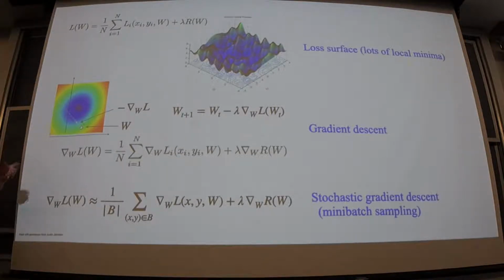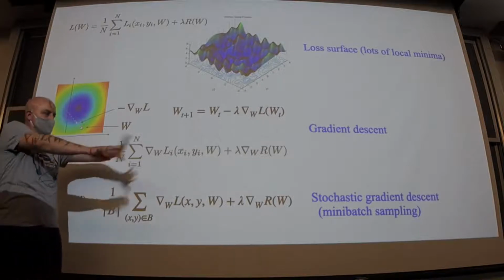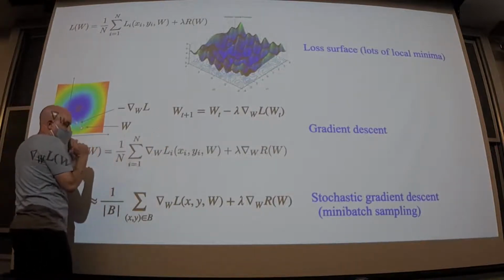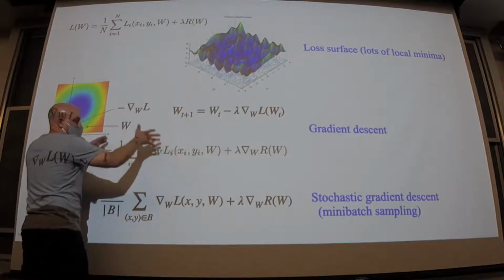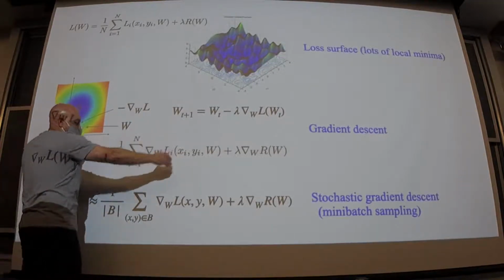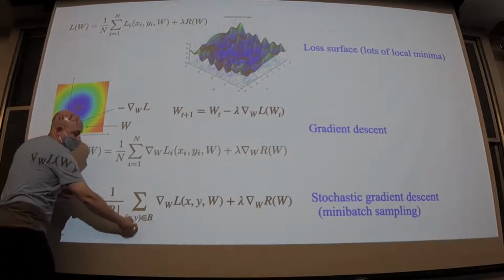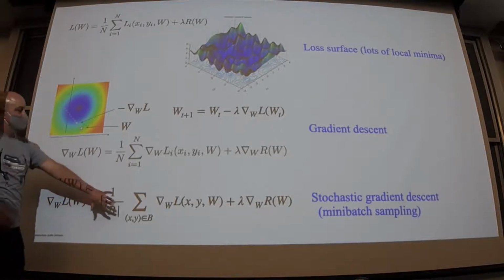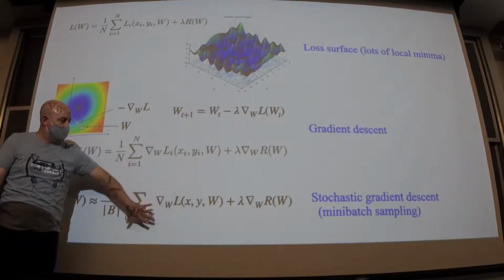Stochastic gradient descent is basically gradient descent, but we estimate the full gradient over all the data by just using some subset of the data. So this is now another estimate being made here.